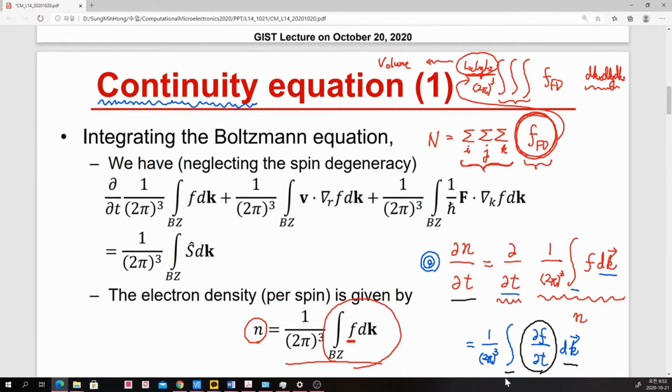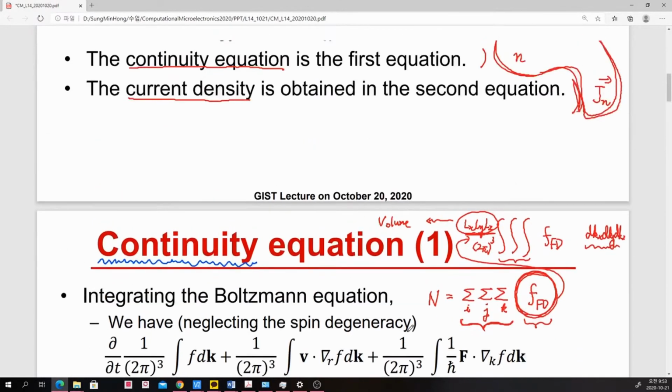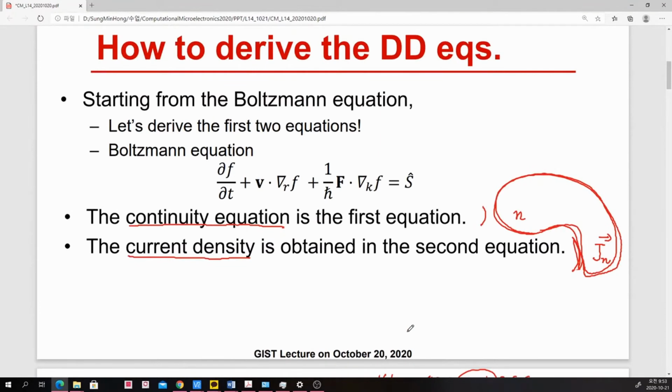Wow! So please remember that we are mostly interested in electron density, and we wanted to know the time variation of electron density. It simply means that if you really wanted to know round n over round t, then you have to integrate round f over round t. That is the main message. So the Boltzmann transport equation already describes round f over round t.